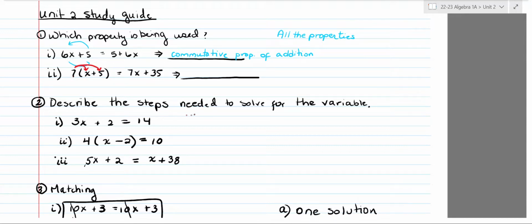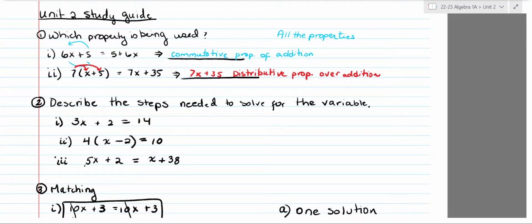So 7 times x is 7x, and 7 times 5 is 35. So the distributive property. I think the full name is distributive property over addition, but distributive property will be enough on the assessment, okay?